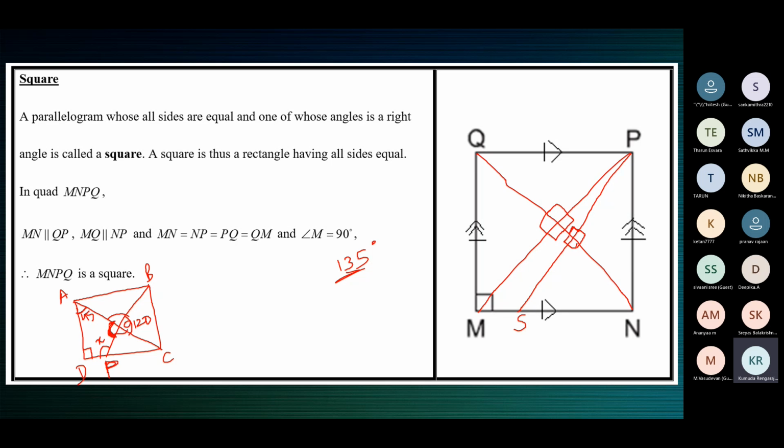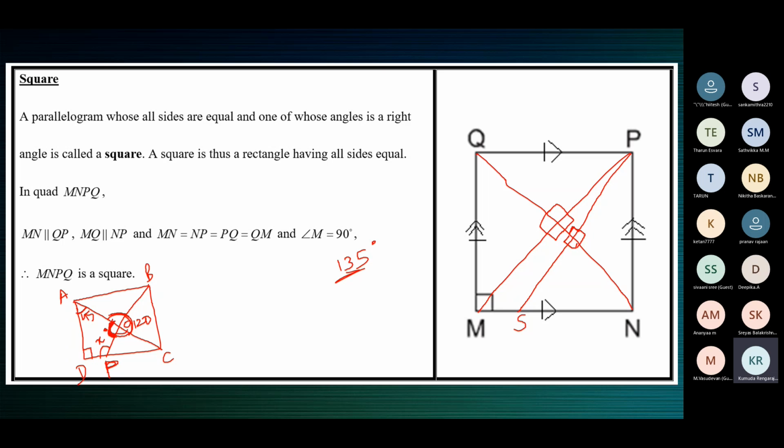And we should know this angle because we're going to use the property that the sum of the angles of a quadrilateral is equal to 360 degrees. 45 plus 90 plus x plus that angle which should have been given. Vertically opposite: if this is 120, then this is 120. Vertically opposite angles are equal.